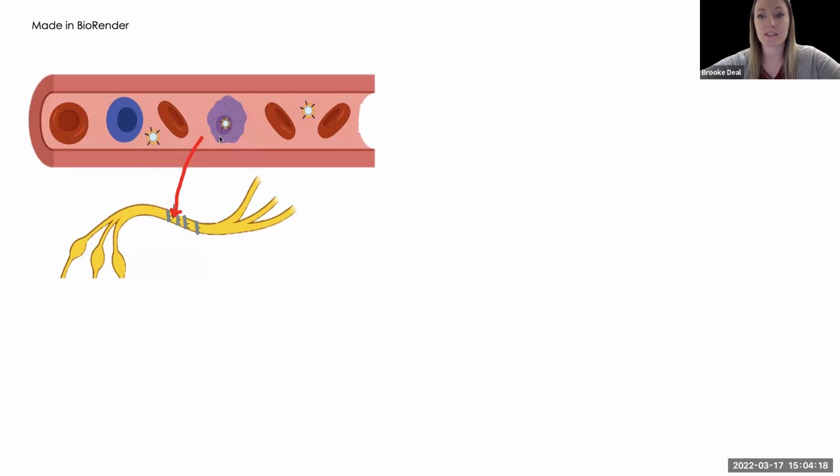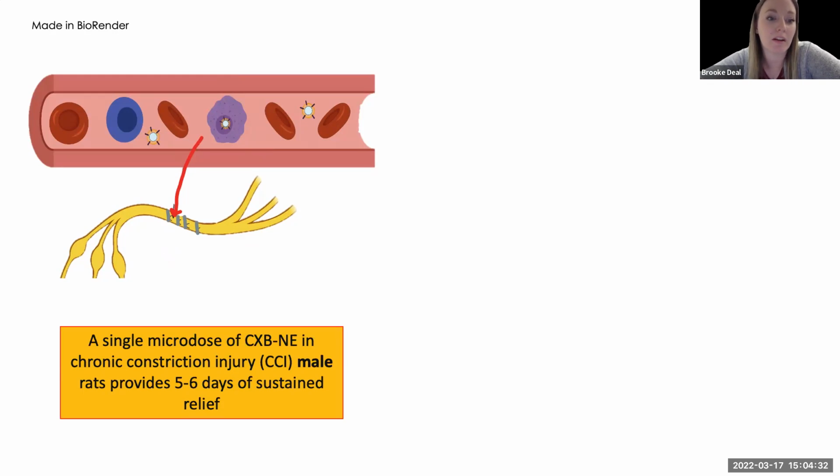And then when they sense an inflammatory response, they go to the site of injury, delivering the drug there. So in this way, a macrophage acts as both a delivery system and the target. And my lab has done quite a bit of work in this. And in males, they have seen that a single injection has provided 5 to 6 days of sustained relief.